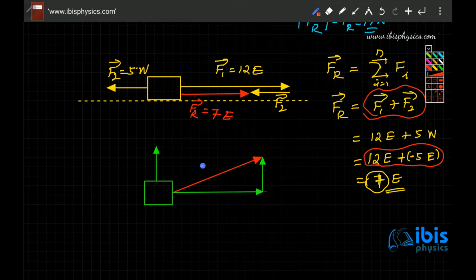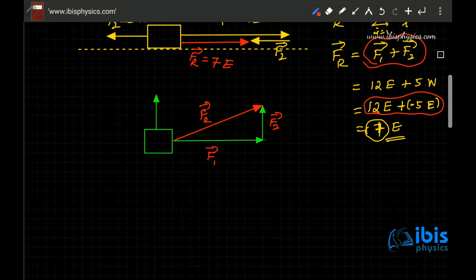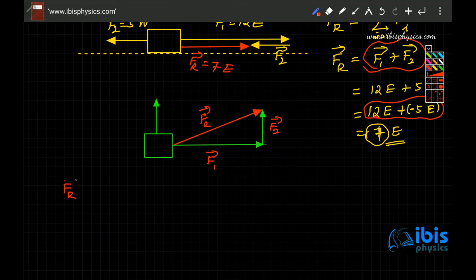In this case, you see the resultant vector is F1 vector plus F2 vector. Here also the resultant vector F is, you are just adding it, you are not changing the direction or magnitude. So it is F1 vector plus F2 vector. Because these two form the two sides of a right angle triangle, you know that the magnitude of Fr is root over magnitude of F1 square plus magnitude of F2 square.